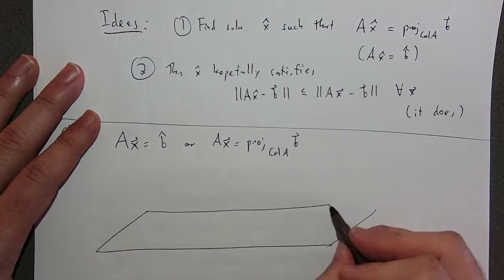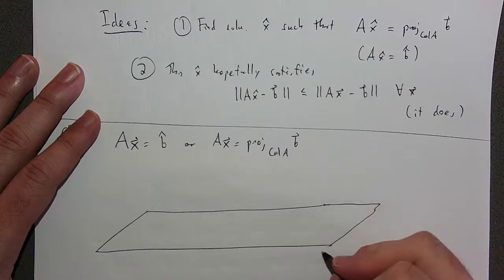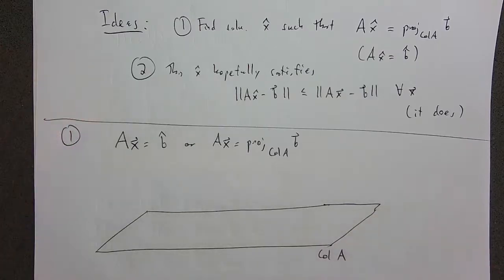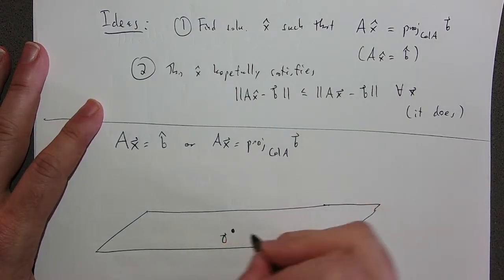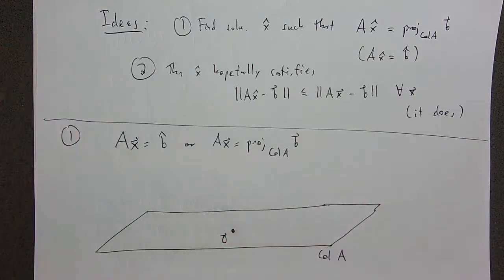Here's my column space of A as a plane drawn in this way. Here's, we'll say, my 0 vector, which is always in any subspace, but it's definitely in my column space.